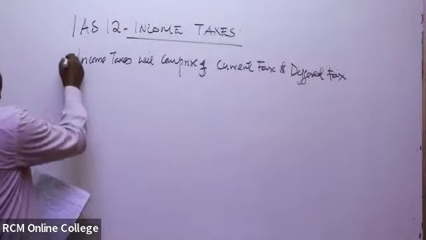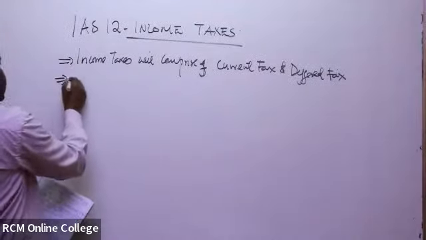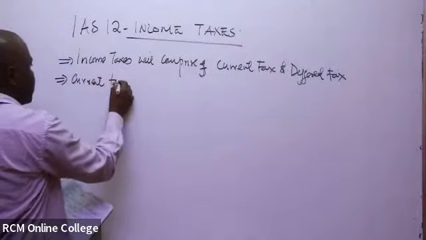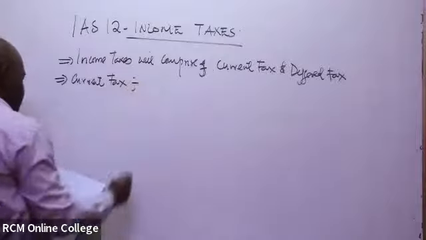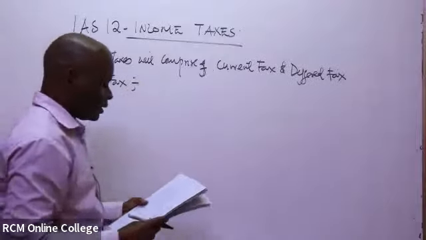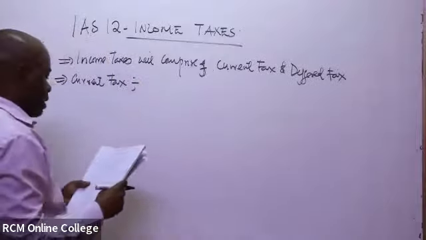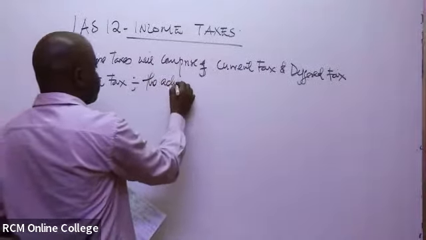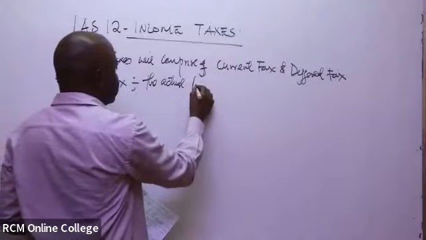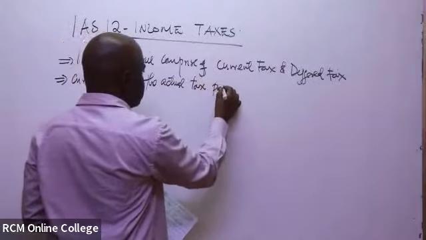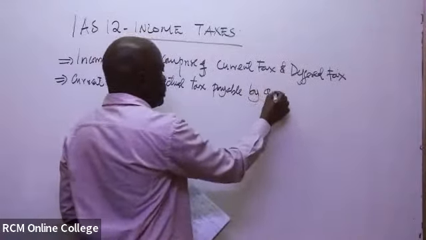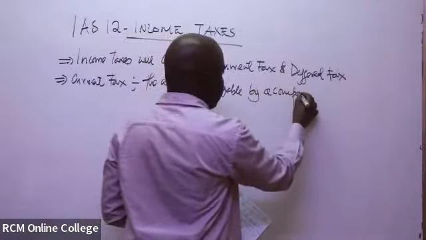Current tax is the actual tax payable by a company. The actual tax payable by a company.